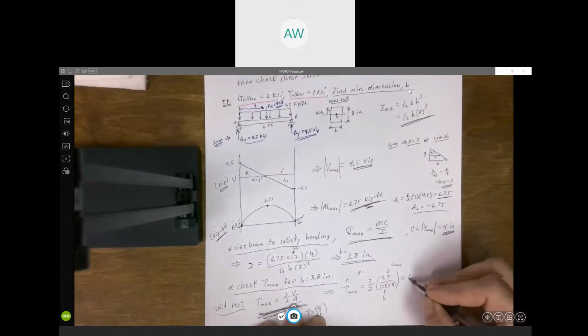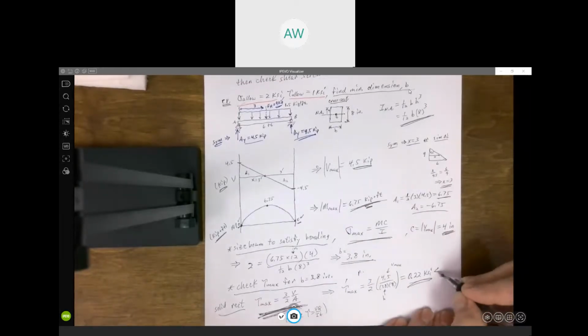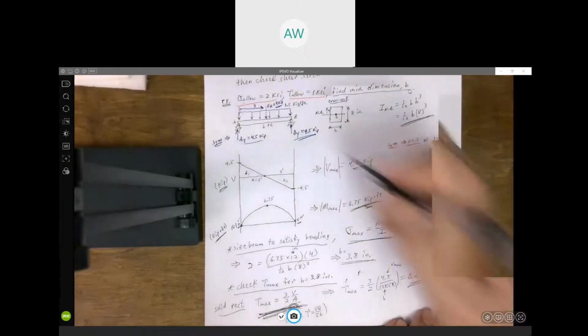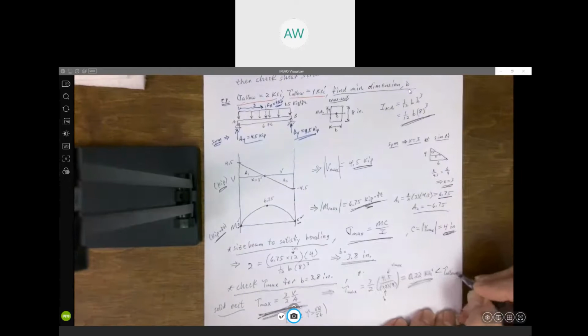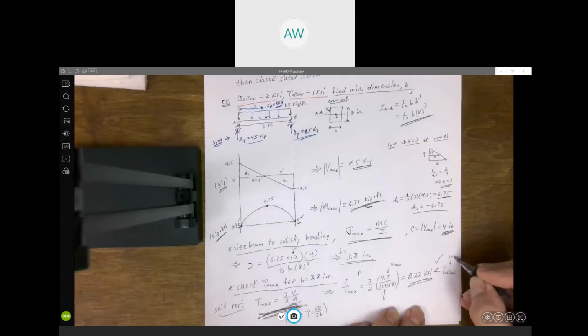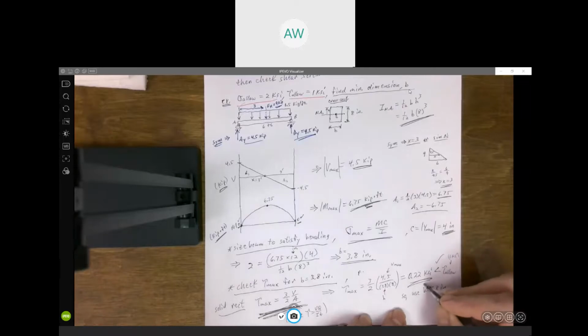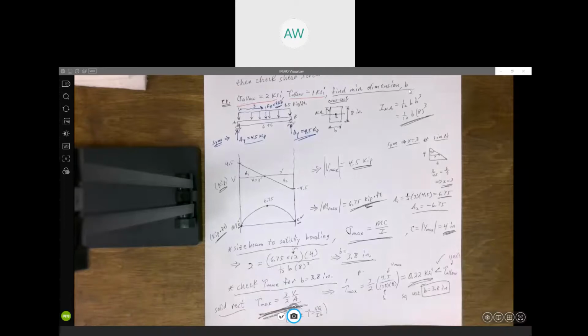I got 0.22, and this would be ksi since our force is in kips. And that is indeed less than the allowable. So our maximum shear stress for that size beam is less than the allowable, which was, again, 1 ksi. So we know now to use b equals 3.8 inches.